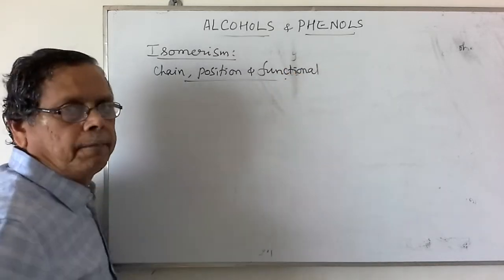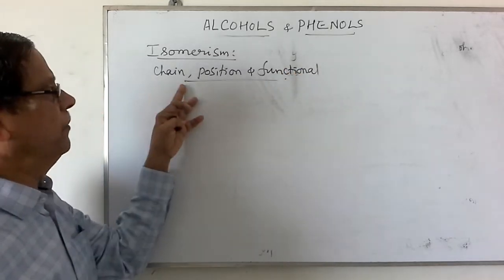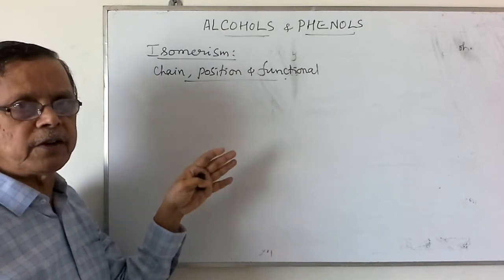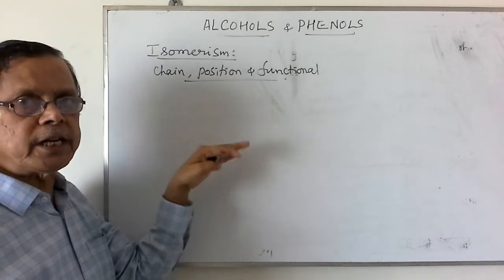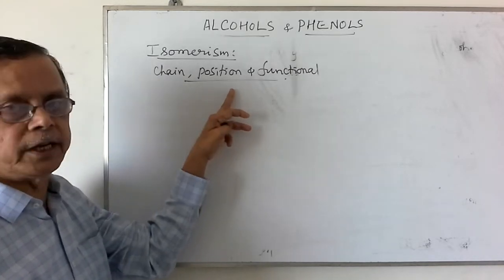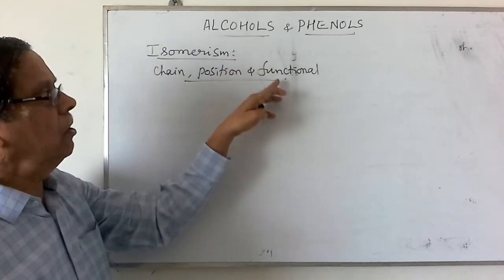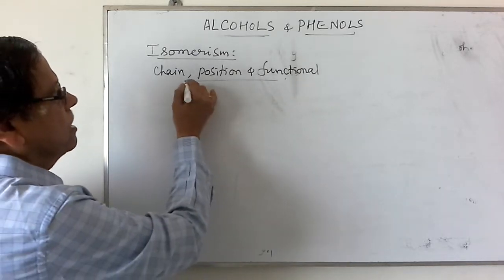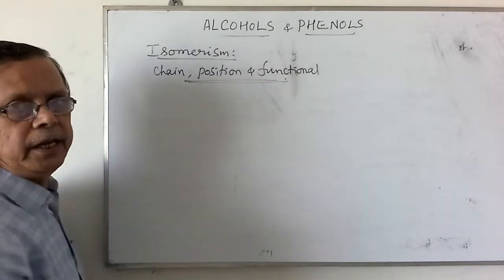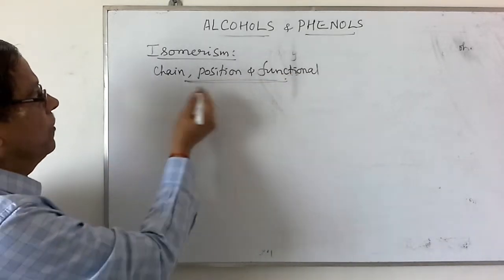If the carbon chain is different, containing the same OH group as a functional group, it is called chain isomerism. If the OH group position itself is changed, then it is called position isomerism. And alcohols and ethers are functional isomers. I will take one example to explain all the three types of isomerism.